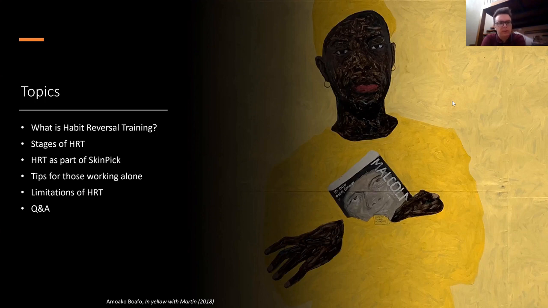And then I will give you some tips for those of you that are trying to do this alone: how to get started, what are some of the things that you should maybe avoid, and what to pay attention to. And then we'll talk about the limitations of habit reversal training. As with any form of treatment, this one is not all powerful and good for everything. So I think it's very important to know what you can get with habit reversal and what you cannot get, so that you know exactly how to set your expectations. And then afterwards, we'll go to the Q&A.